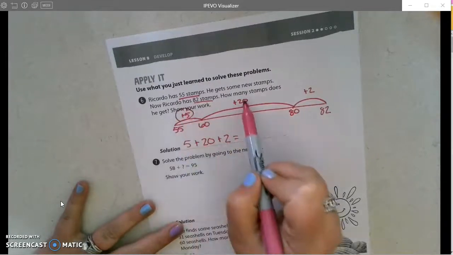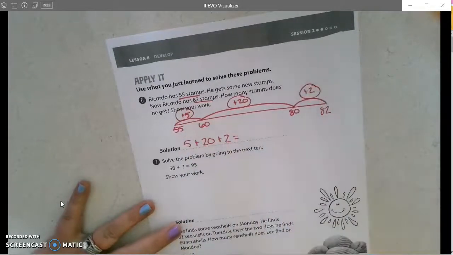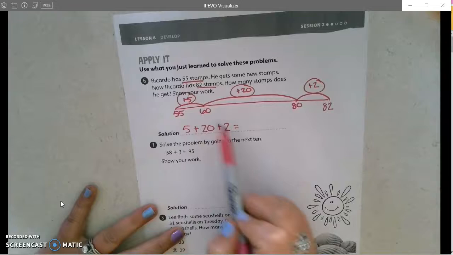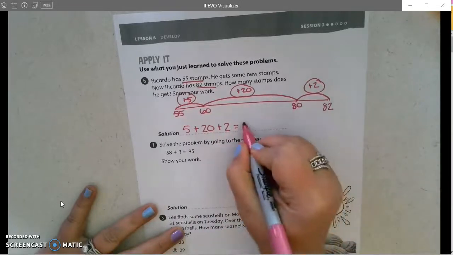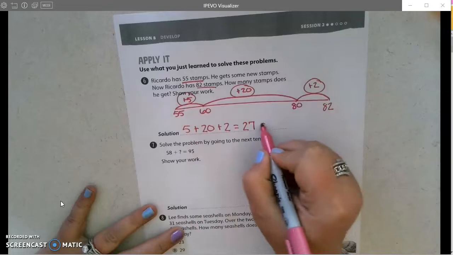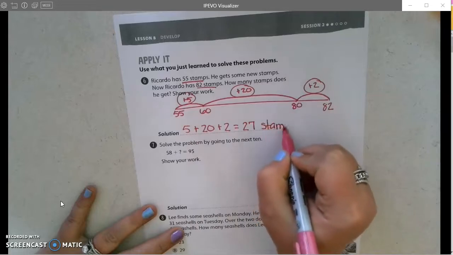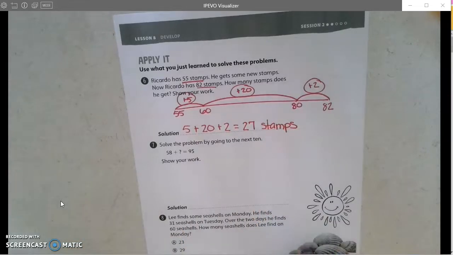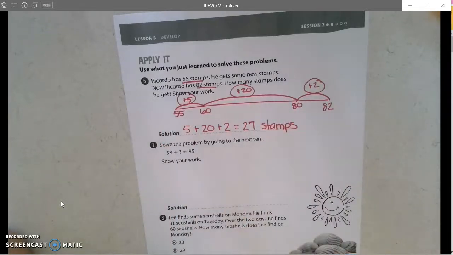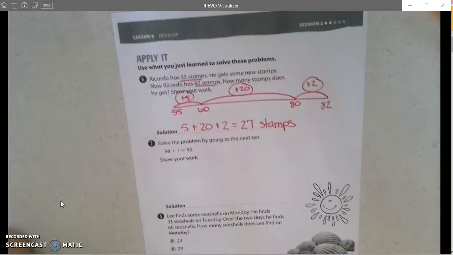Because for our answer, we have to add how many hops we made. So 20 plus 5 is 25. 25 plus 2 is 27. And we always have to label our answer. 27 stamps is how many he got. Okay. This is an example of using our number line.